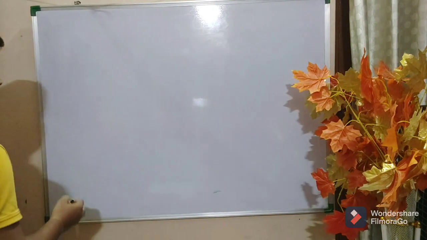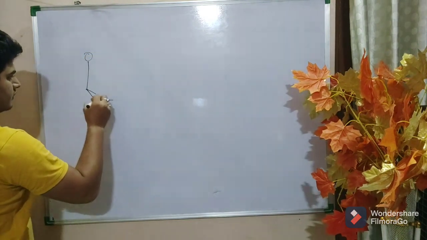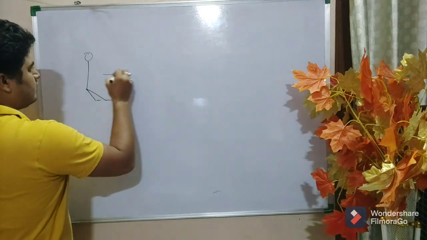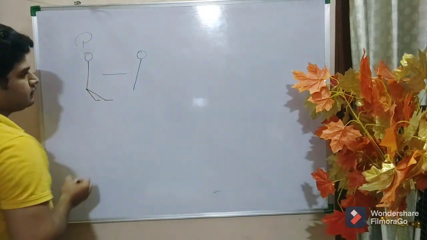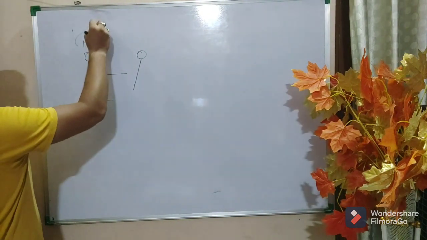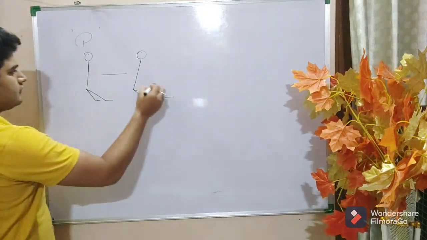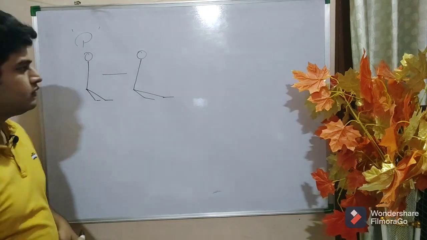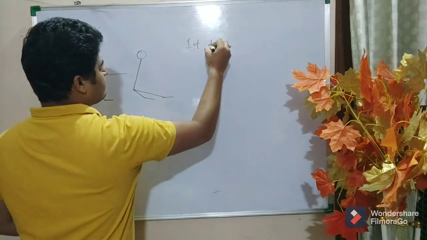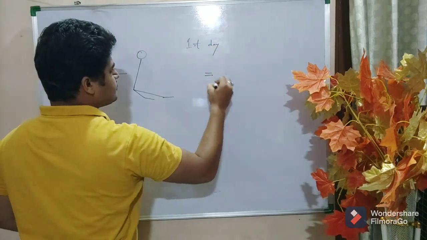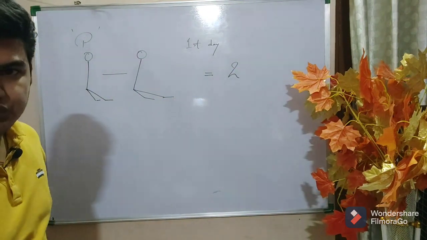So the first day, a patient, let's take the symbol P for the patient, infects another individual. So at the end of the first day, how many patients would be there? 1 plus 1, 2, right?